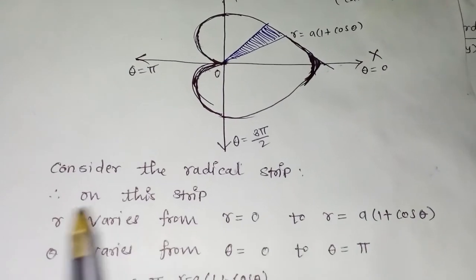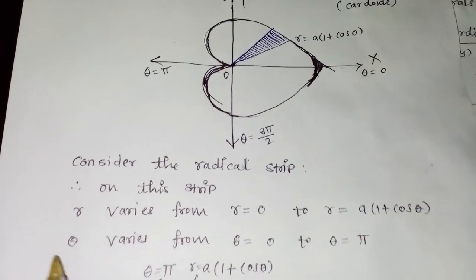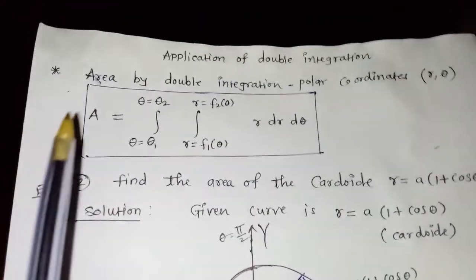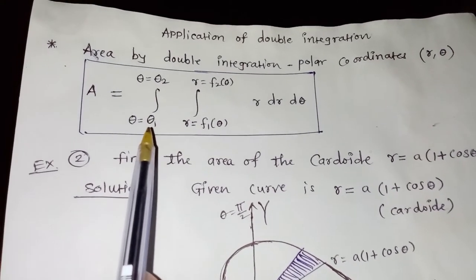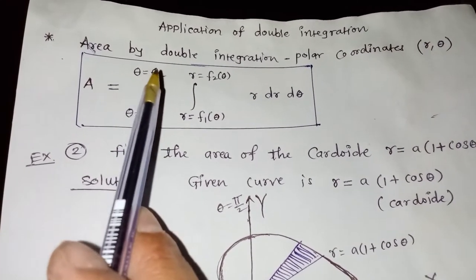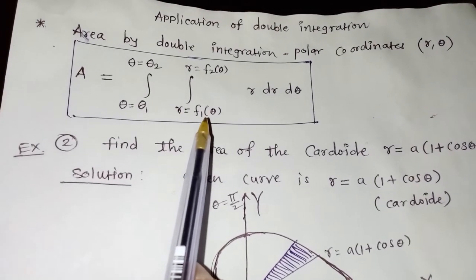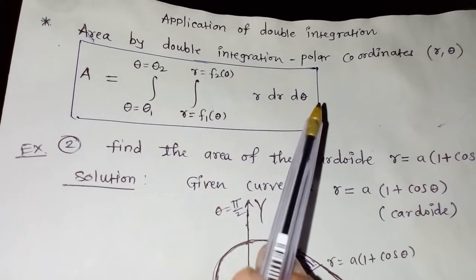Now we have got the limits of r and theta. Using those limits, we are now finding the area, and we know that the formula for this area is A equals, where the outside integral moves from constant theta 1 to theta 2, and the inside integral moves from r equals a function of theta to r equals another function of theta, r dr into d theta.